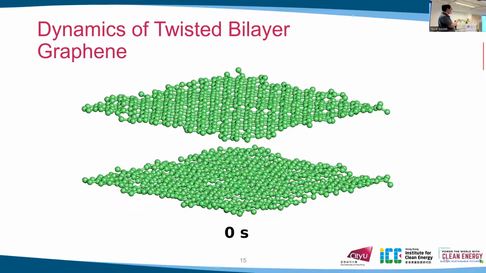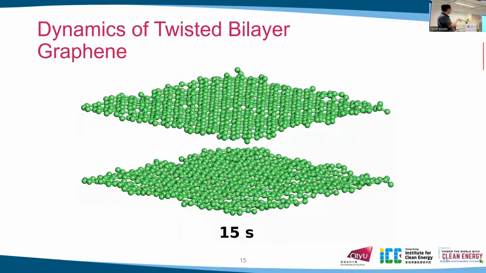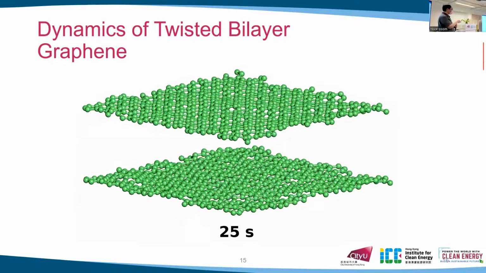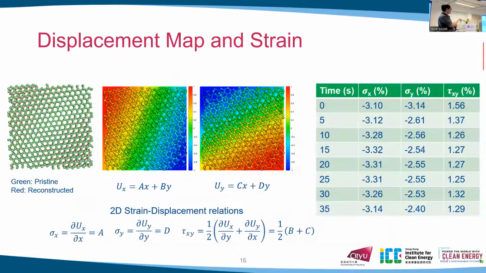After we obtain the dynamics, we can create a movie of these bilayer graphenes. Since we know the structure of each atom, we can calculate some structural properties. First, we calculate the displacement map and the strain.